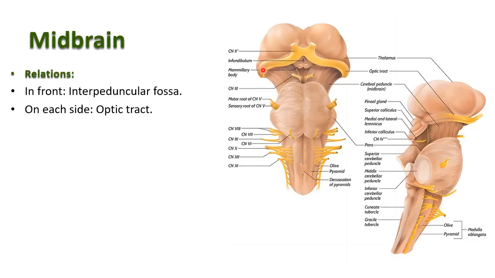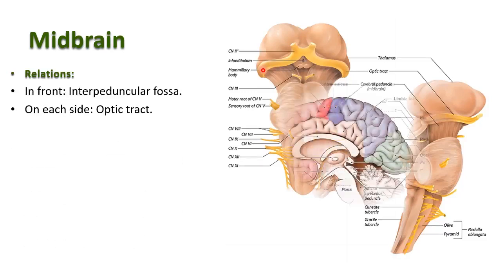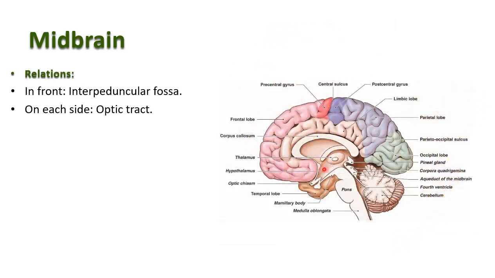When you look posteriorly, you are able to see the midbrain here. The narrow cavity traversing the midbrain is the cerebral aqueduct. Posteriorly, it is related to the splenium of the corpus callosum, and then the pineal gland.